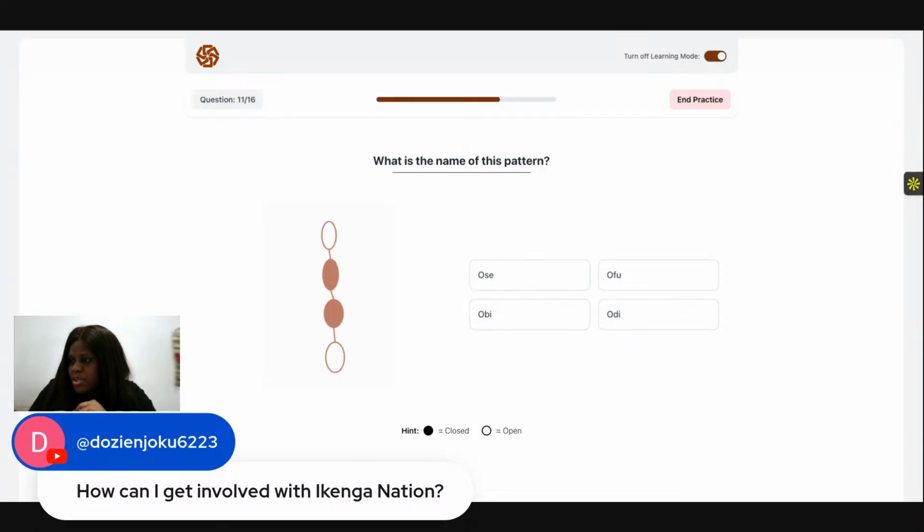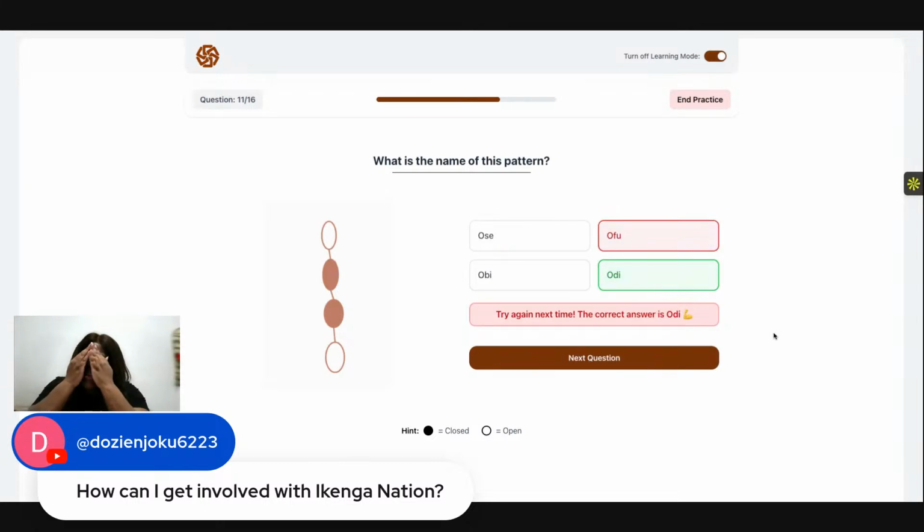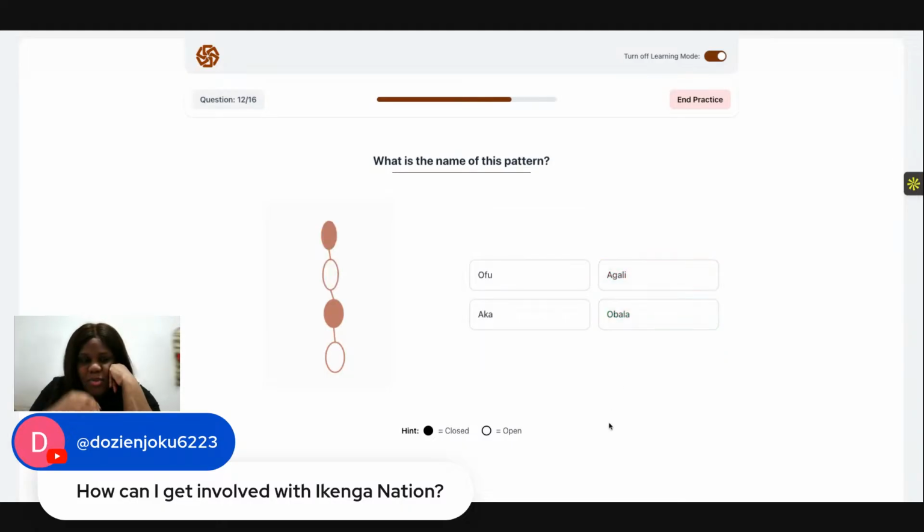This one is Ofu. I want to say it's Ofu. Please be right. Oh gosh, it's OD. Oh, I remember now how I remember OD. I'm gonna have to take this again. Dang it. I was hoping I wouldn't fail this time.